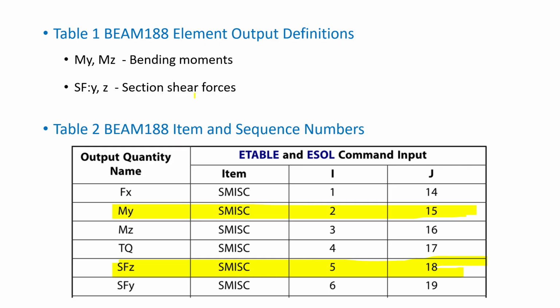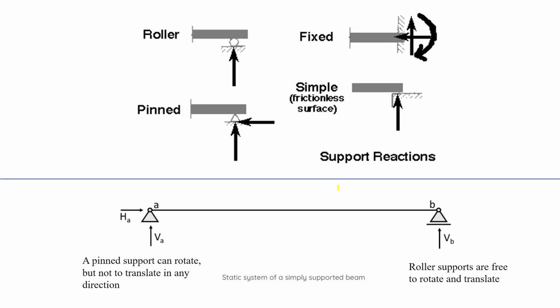For example, if you want to find the shear force along the z direction, then you have to enter this number 5 and 18. And if you want to find the moment about y direction, then you have to call 2 and 15, like that. From these numbers only you can get the results.